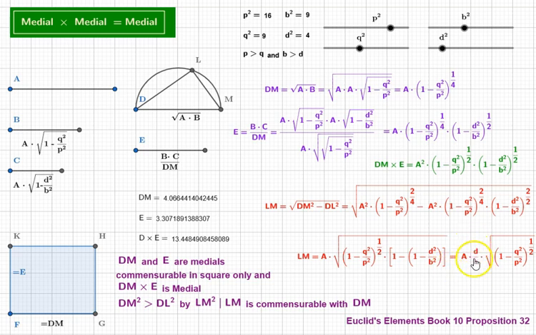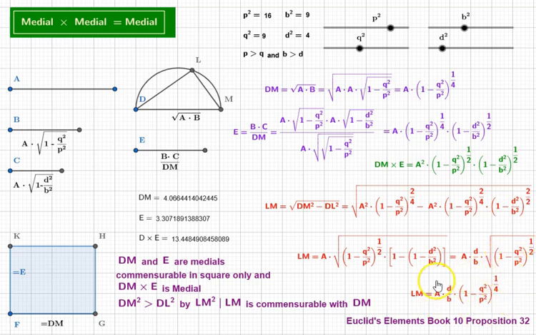So we end up with A times d by b times the square root of (1 minus q square by p square) to the power of 1 by 2, which is nothing but A times d by b times (1 minus q square by p square) to the power of 1 by 4.